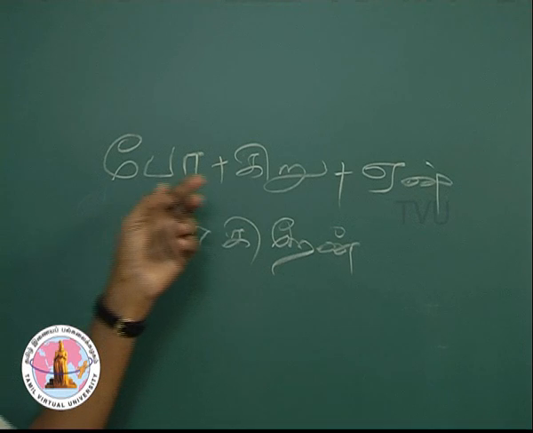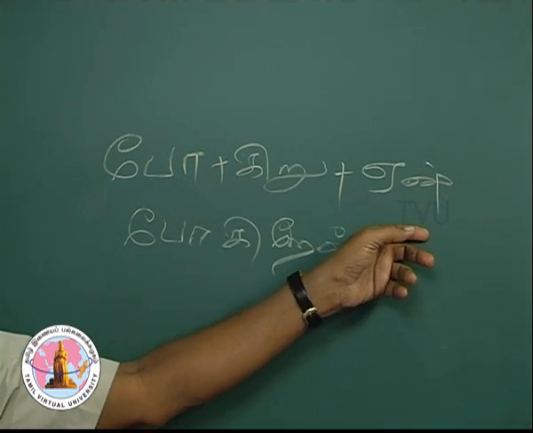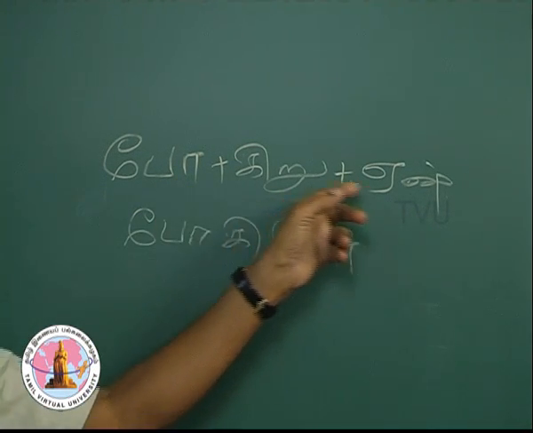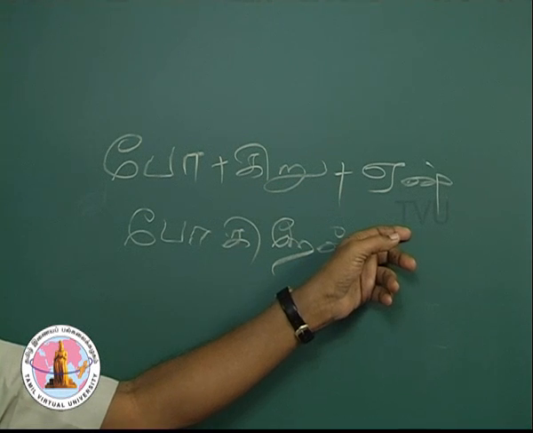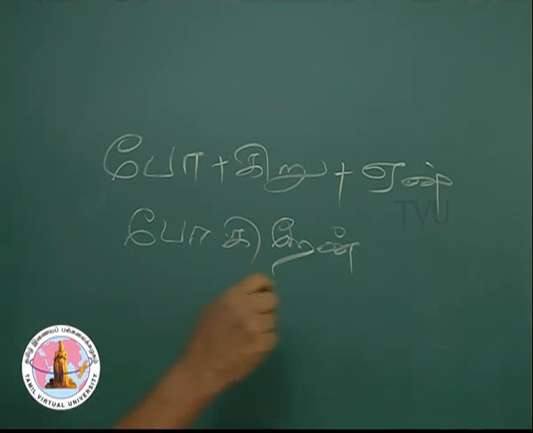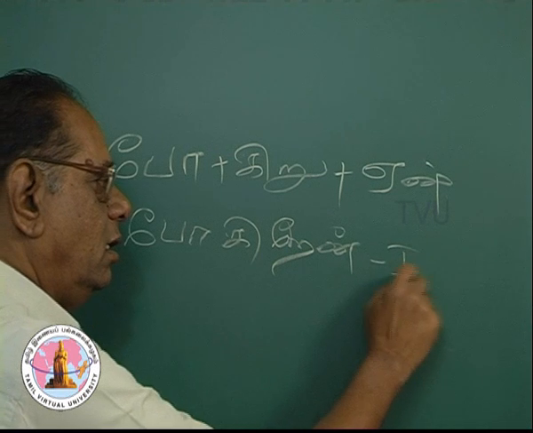Po, kiru and yen, போகிறேன். I go. This means I go.